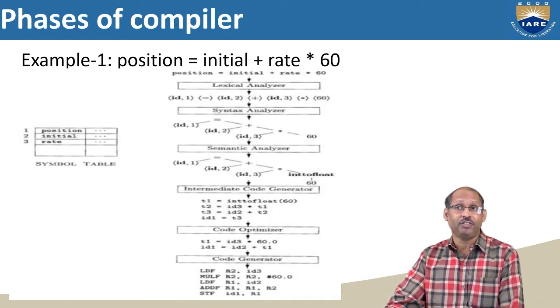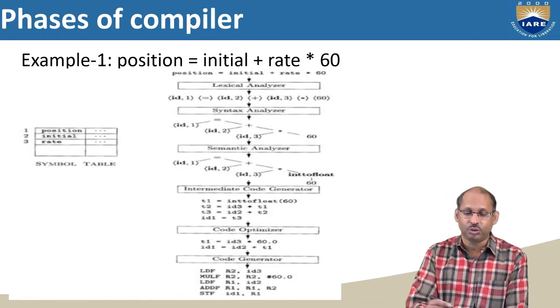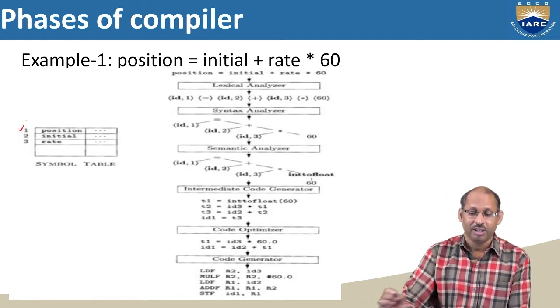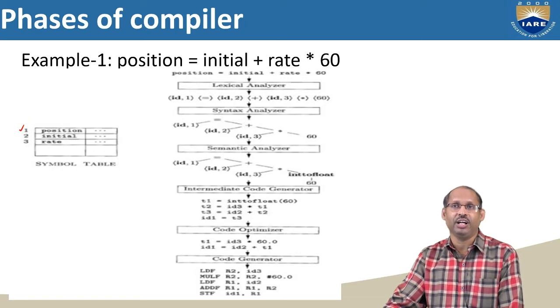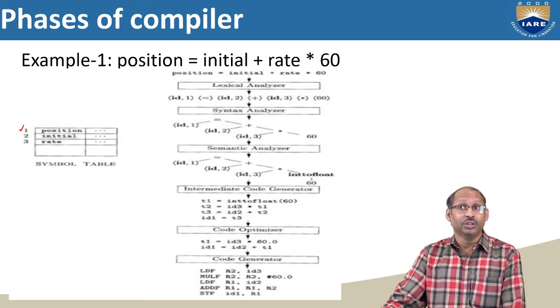First it reads the lexeme, a sequence of characters, that is position. That variable position is stored in the first entry of the symbol table, so it generates the token id comma 1.